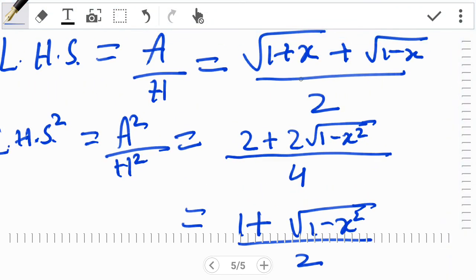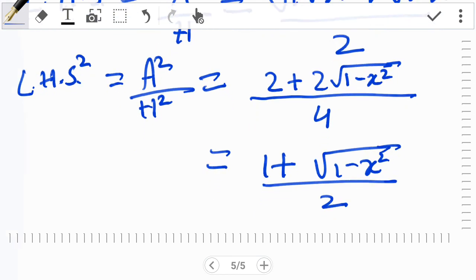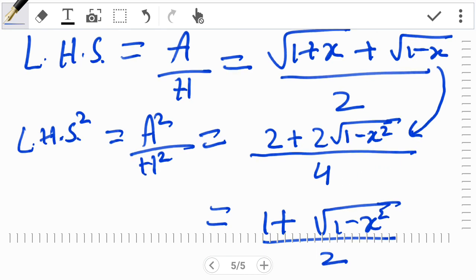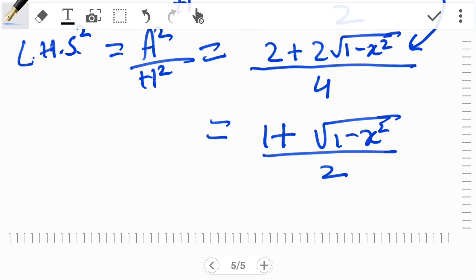You can try this yourself if you want. So the numerator will directly simplify to this, and in the denominator, 2 square is 4. So this is LHS square.